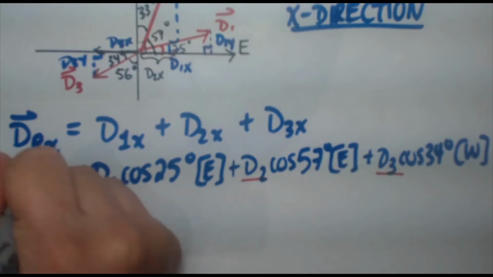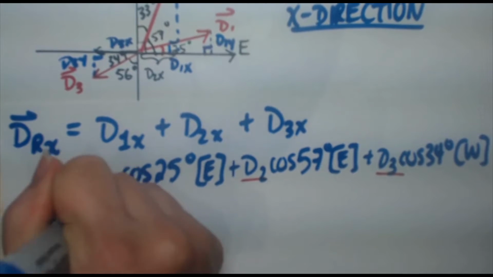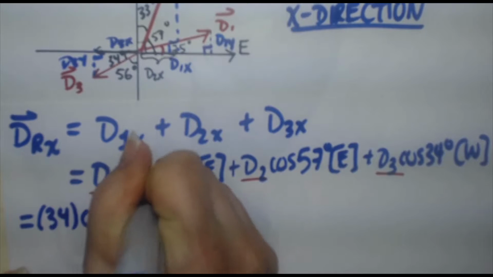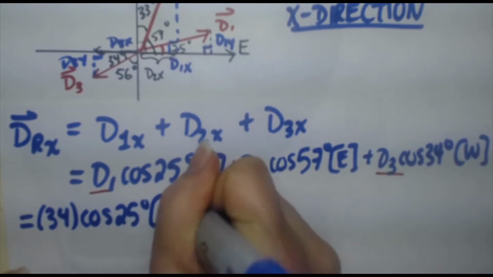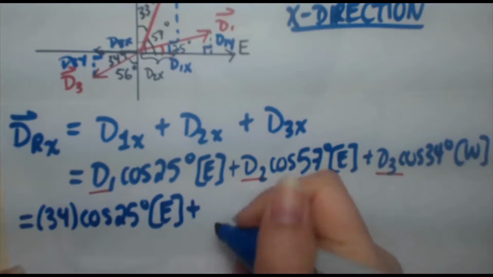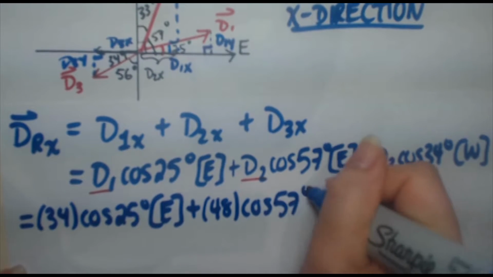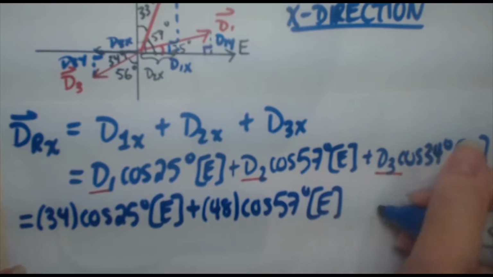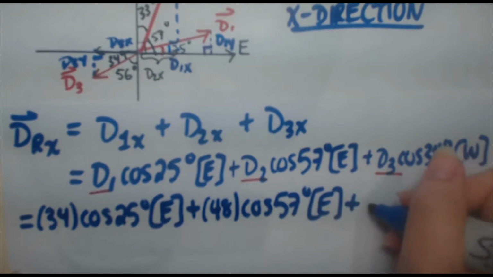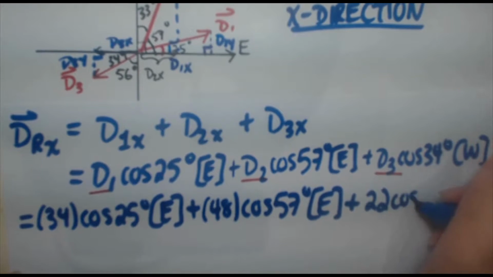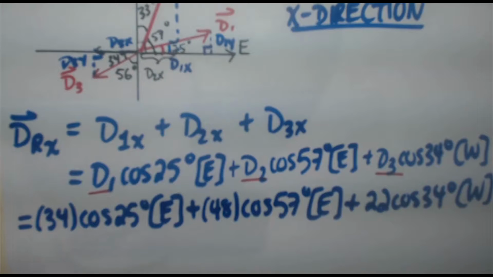Okay, so d1 is 34, so 34 cosine 25 degrees east, plus d2 is 48, 48 cosine 57 degrees, also east, plus d3, which is 22 cosine 34 degrees west.